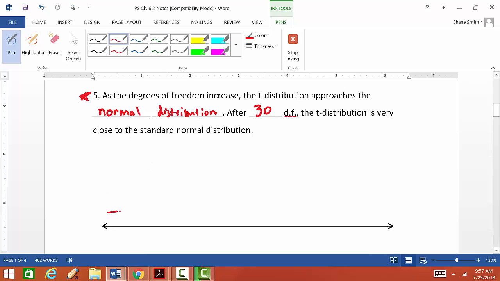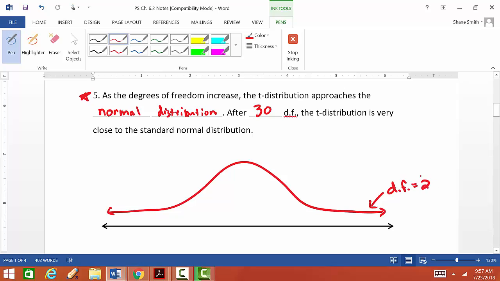So let's say we have a low number of degrees of freedom. All t-distributions are symmetric. But if you have a low number of degrees of freedom, your curve isn't as high. So if this is like 2 degrees of freedom, there's a lot of area in the tails, and not as much area in the center.